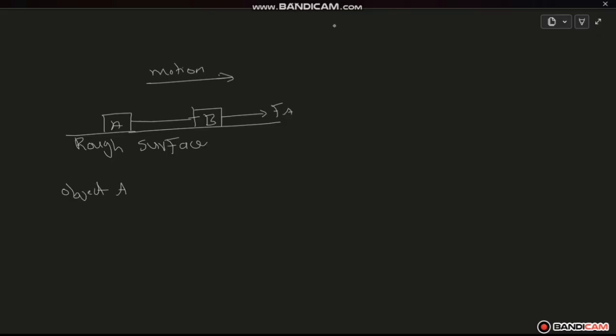Let's show the F net of object A, but we start by showing the free body diagram. We do have FG here, and we have FN. If you didn't watch part 1 of Newton's laws on our channel, make sure that you go there and watch it. So we do have FT, or tension force. The surface is rough, so what you must know is that we do have frictional force.